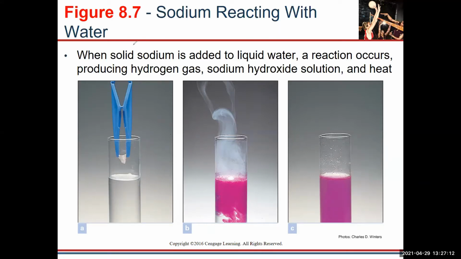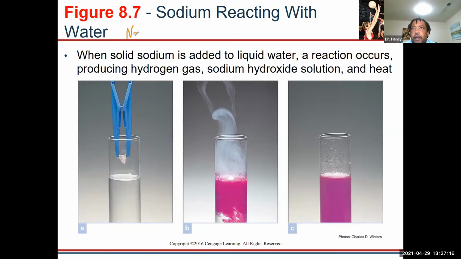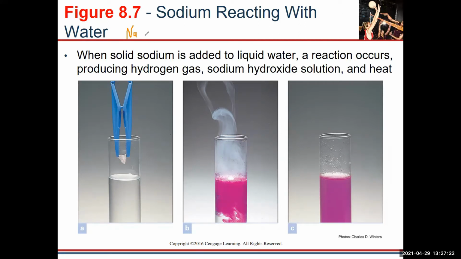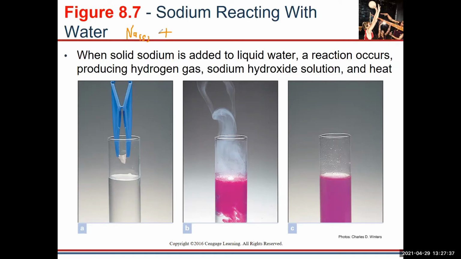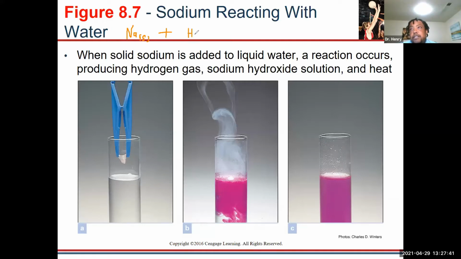We would start with Na. Okay. Is it a solid, liquid, or gas? Would it be solid? So we're going to put an S here for solid. Okay. What else is it reacting with? Water. So is water a solid, liquid, or gas?